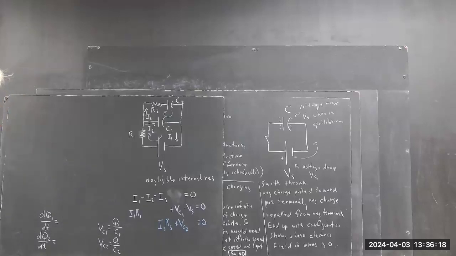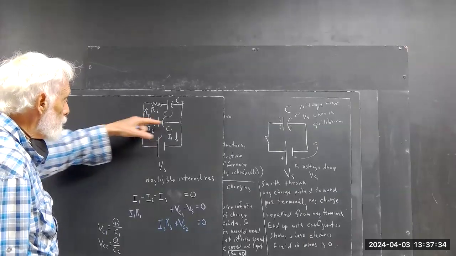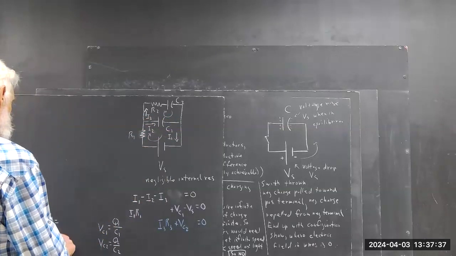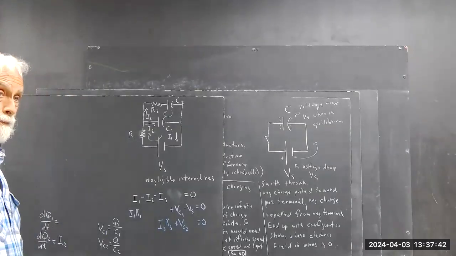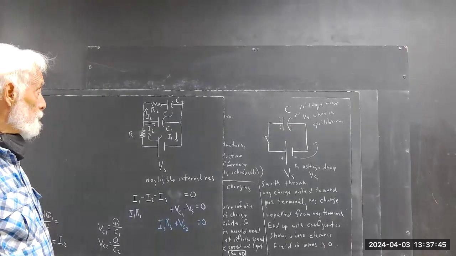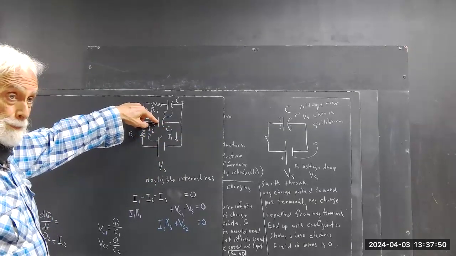Then dQ1/dt and dQ2/dt, what are they? Well, what's dQ1/dt? Q1 is the charge on C1, and I2 is the current through C1. I2 is the rate at which you pull charge off of this and deposit it on this.